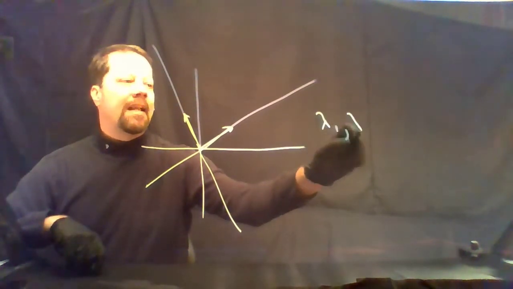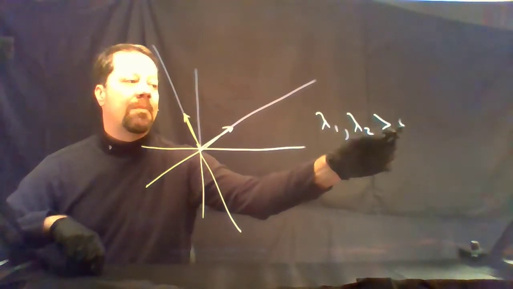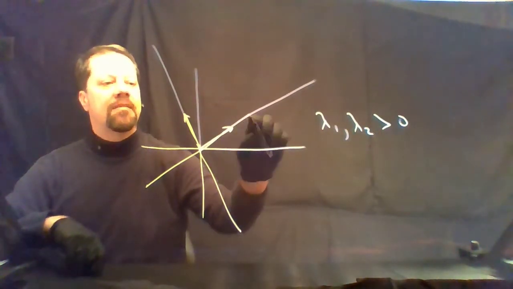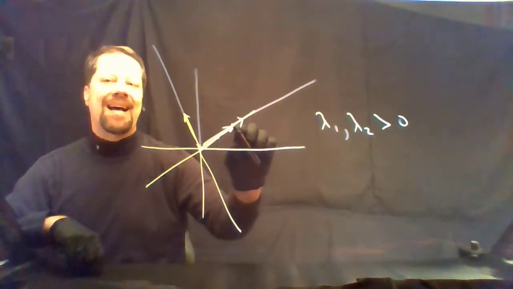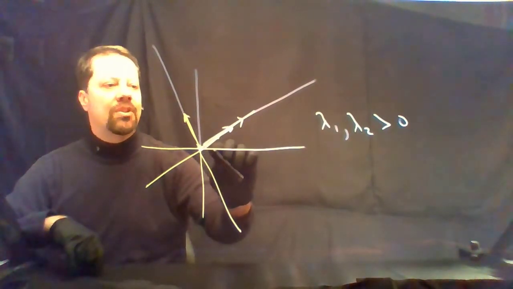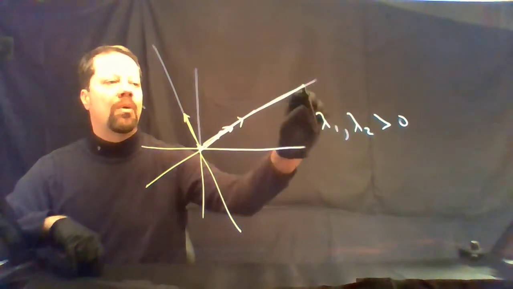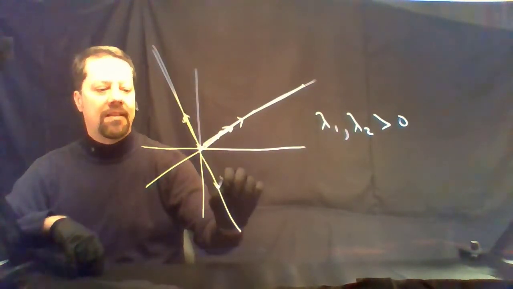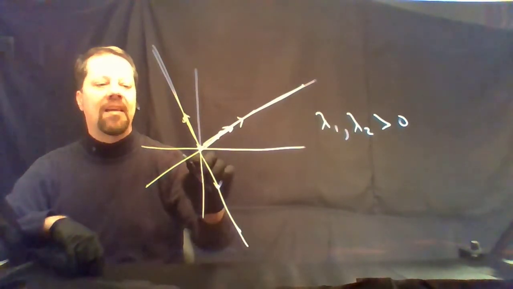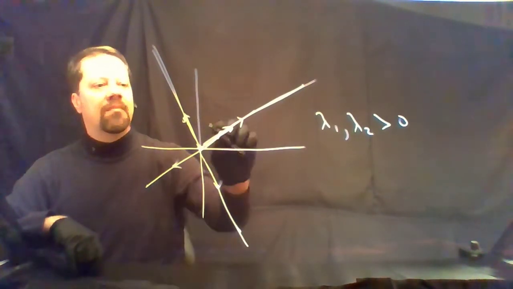If lambda 1 and lambda 2 are both real and positive, then along these lines, in the directions of these eigenvectors, solutions will exponentially grow away from the origin. In the other direction too, it'll grow away from the origin.